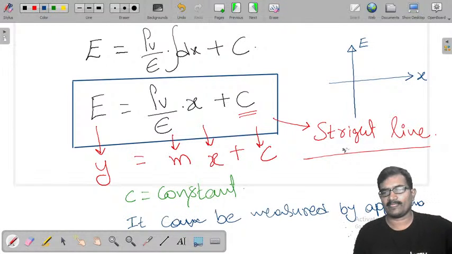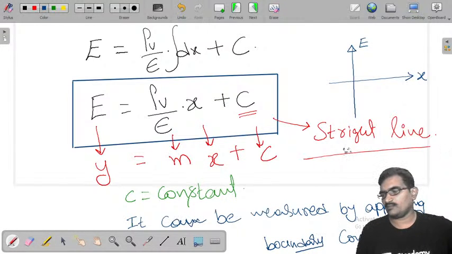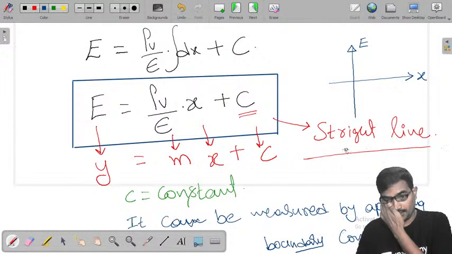By applying boundary conditions, we can measure this.